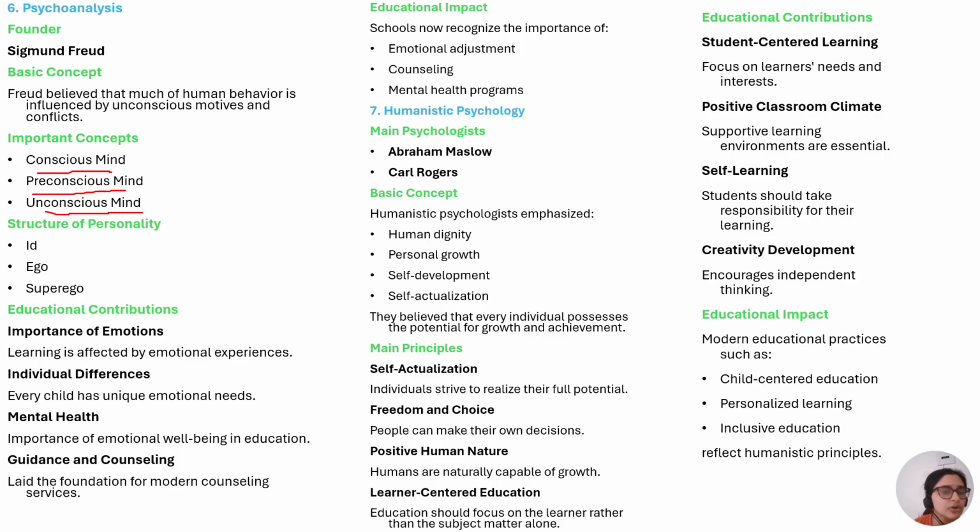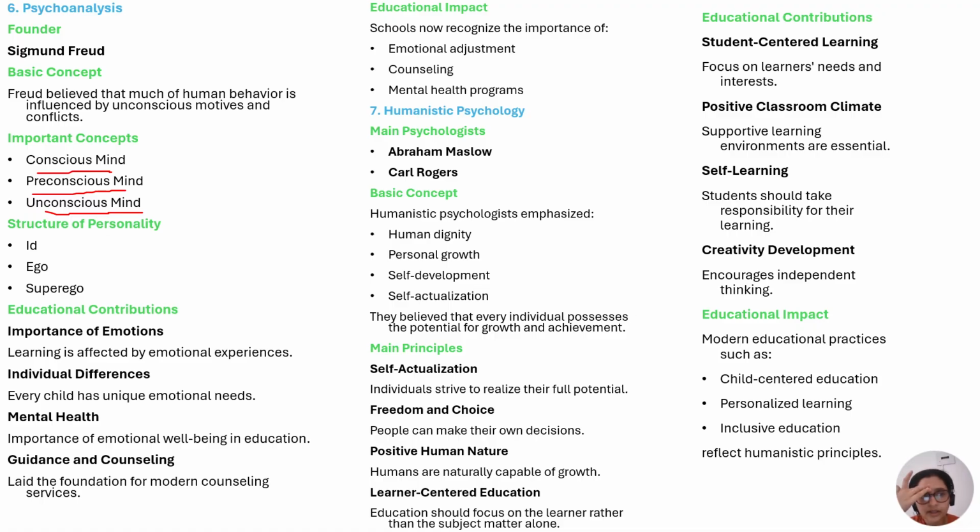So, what is the conscious mind? The thoughts, feelings, and actions that a person is currently aware of, currently experiencing. Like what thoughts I am having in my mind. That is the conscious mind. What is the preconscious mind?